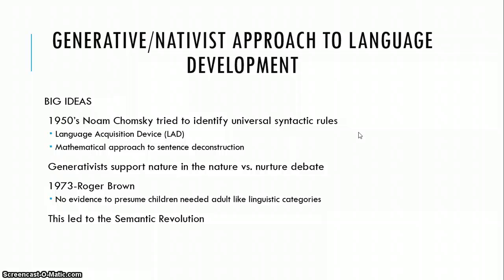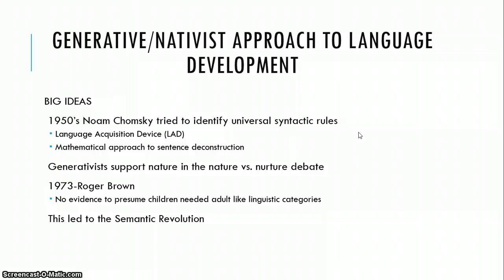And it was a very mathematical approach to sentence deconstruction, and to language and how it's developed in children when they first start. And they support nature in the nature versus nurture debate. So they believe that genetics plays the larger role as opposed to the environment when it comes to learning language.